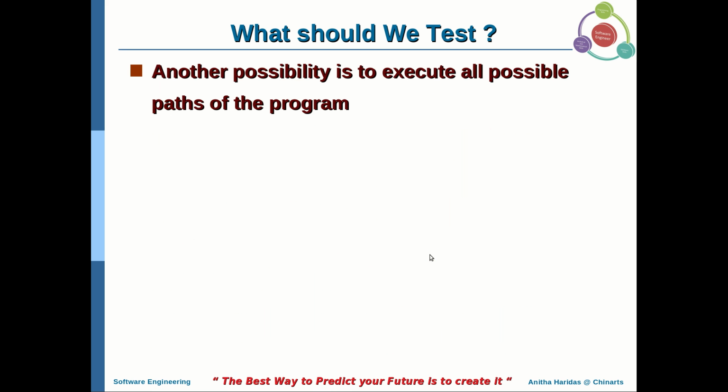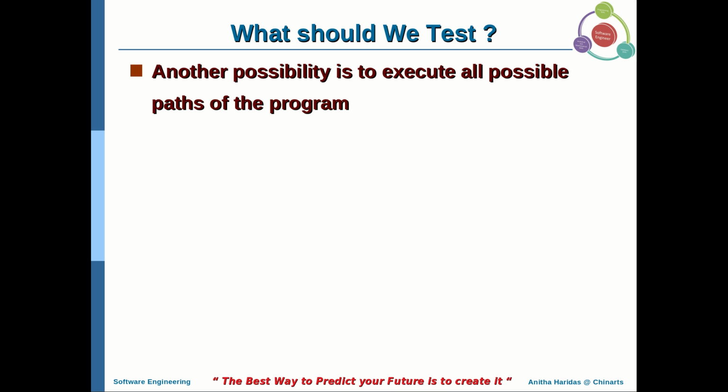Not only that, another possibility is you are going to execute all the possible parts of the program. Now when I say possible parts of the program, imagine if you have an if statement. You might have given a statement like if A greater than B, then the true part will be there, else you will have a false part.